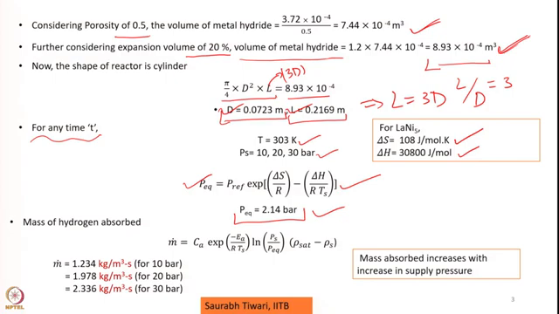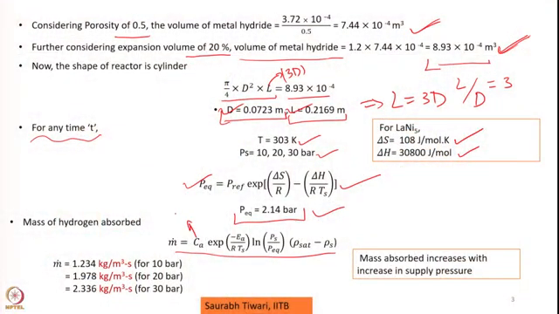In the last lecture we also studied that the rate of mass of hydrogen being absorbed inside the metal hydride reactor is given by this formula, where Ca is the reaction constant, Ea is the activation energy, this is the universal gas constant, Ts is the temperature of the metal hydride reactor, and Ps is the supply pressure.